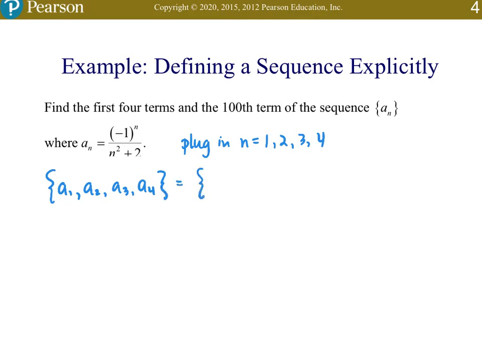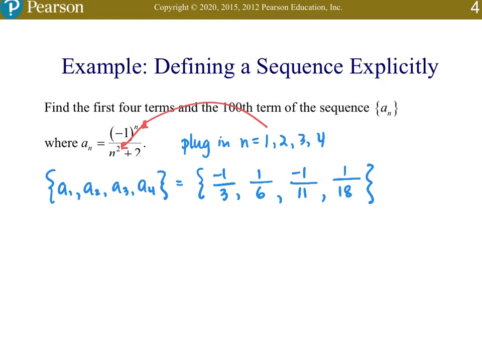If I plug in the number 1 into this equation in both positions for n, I'll have a numerator value of -1. I'll have a denominator value of 3. If I plug in the number 2, I will have a numerator value of 1. I will have a denominator value of 6. If I plug in number 3, I will have a numerator value of -1. I'll have a denominator value of 11. If I plug in the number 4, +1 would be my numerator, and let's see, 18 would be my denominator. So that is my sequence of the first 4 terms.